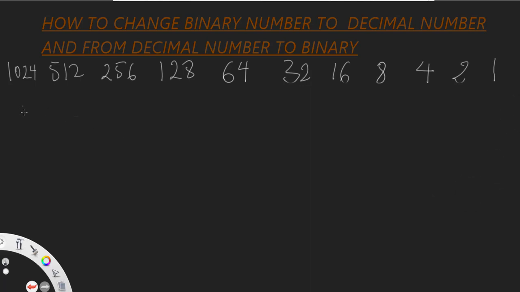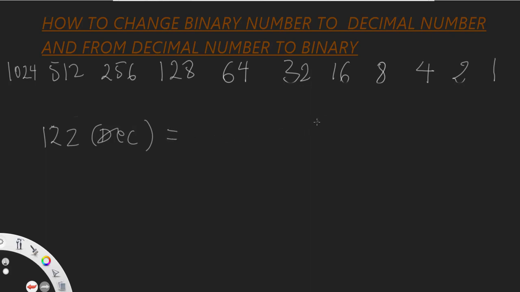Now, there we go. For example, let's say I have 122. How do you change this number? This is a decimal number, so we want to change it to binary.